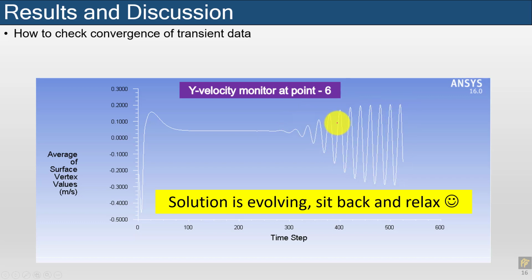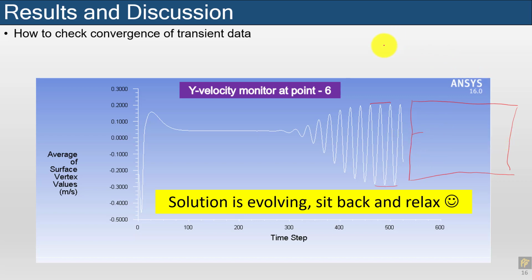These are fluctuations in your parameter, like this is the velocity. Once they stabilize, it means the behavior is periodic, it is repeating itself. After that, we will record data for averaging, for example, drag and lift coefficients, and we will also use that particular data set for FFT.